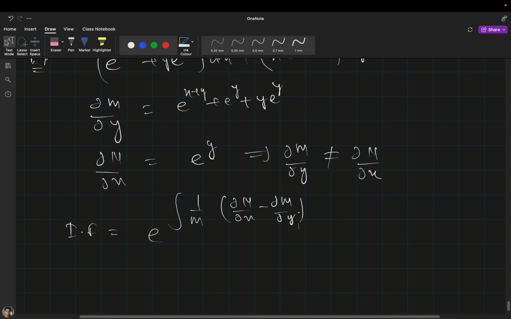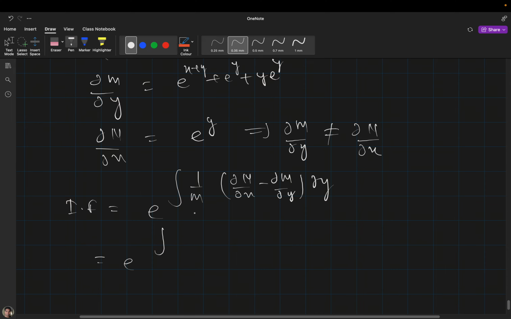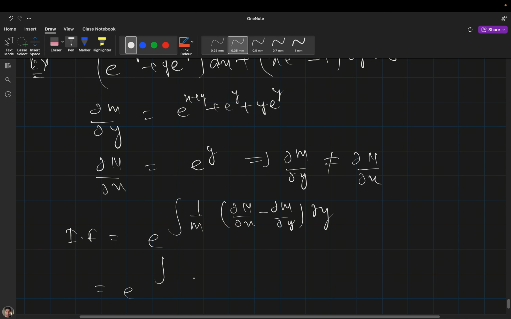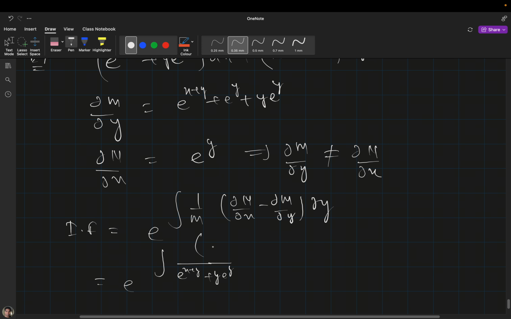M is exactly e^(x+y) + y e^y, and ∂N/∂x minus ∂M/∂y is e^y − e^(x+y) − e^y − y e^y.